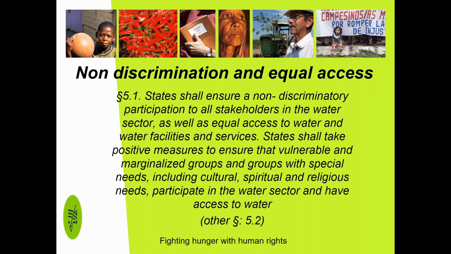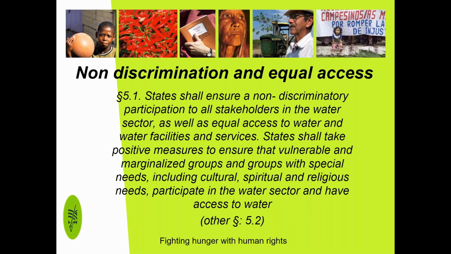This could be based on ethnic background, political views, or whatever. The realization of the right to water cannot happen if a state has policies or some way of discriminating against some people on its territory.